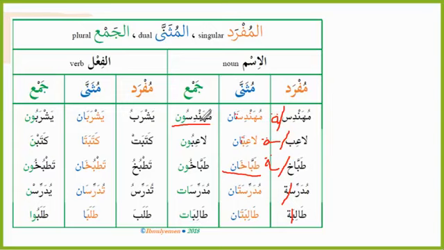All right, now when we're talking about feminine, instead of the un, you would add the at. So muhandisat, la'ibat.